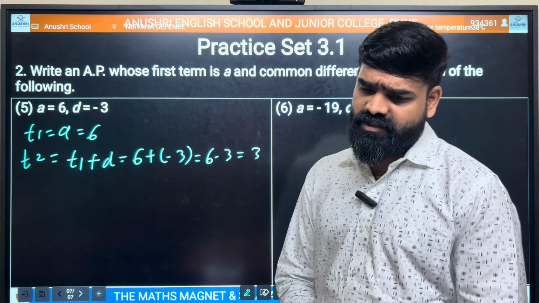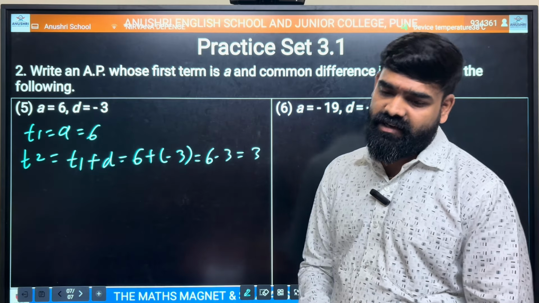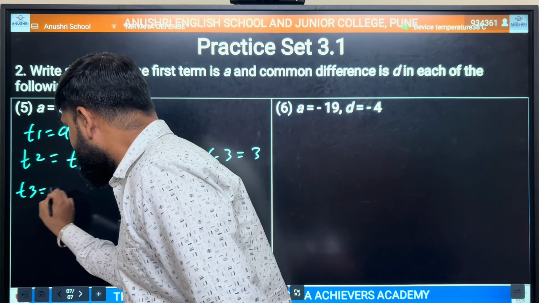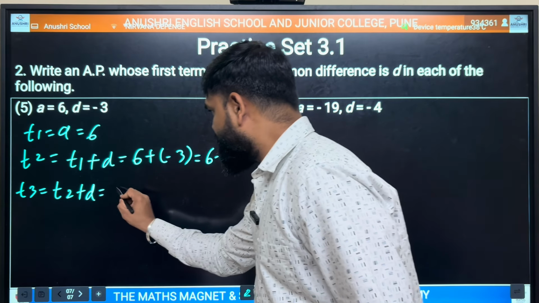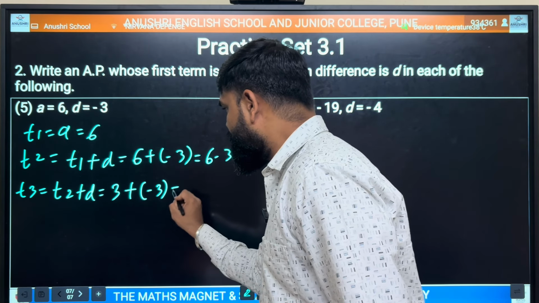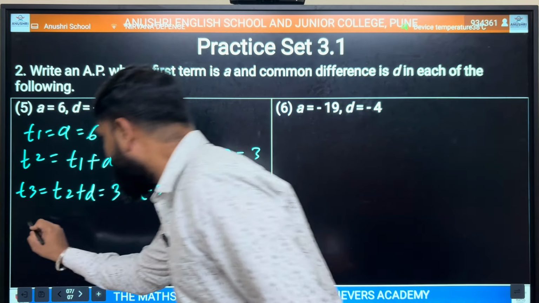Okay, so first term we have here 6, second term we got 3. Likewise, T3 is equal to T2 plus D. T2 is 3 plus minus 3. So 3 minus 3, we will have 0 here.